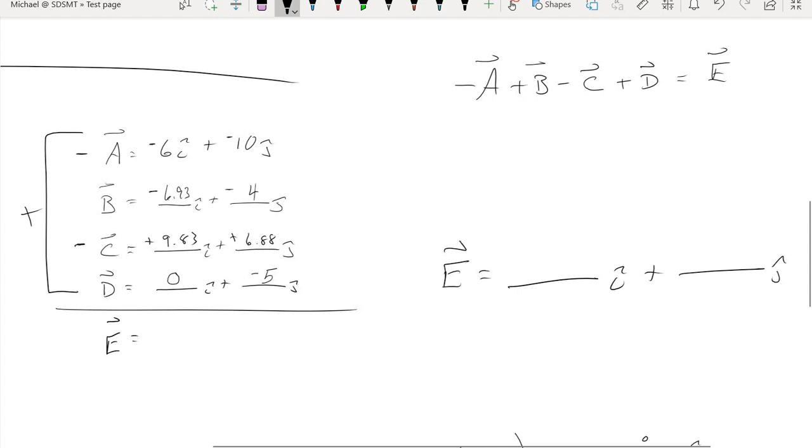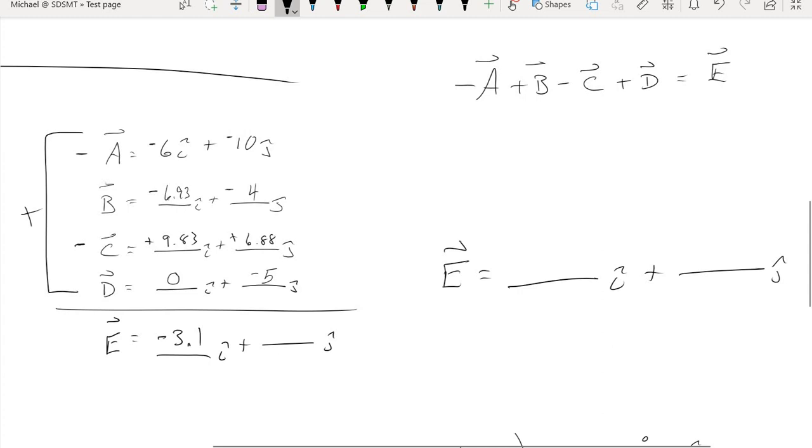We're now ready to add down the columns using the components as they are. We have negative 6 plus negative 6.93 plus 9.83 makes for a negative 3.1 i-hat. Then we'll go down the y column.